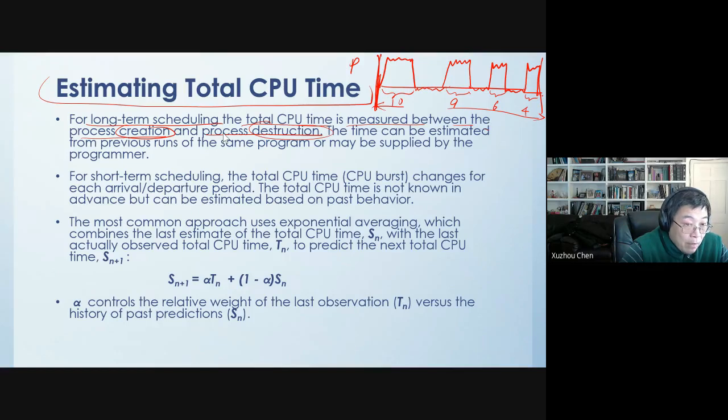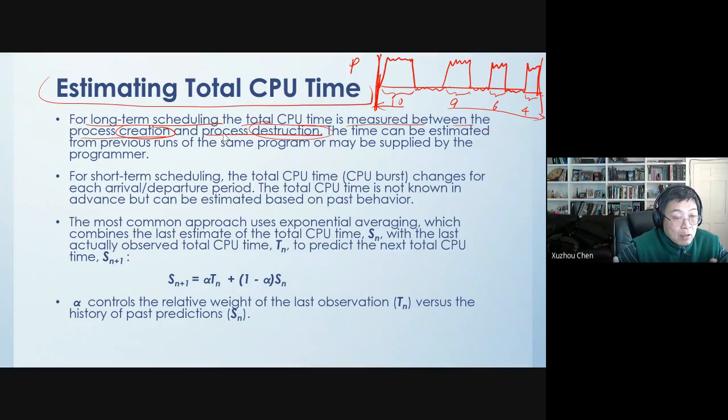However, one good thing about computer programs is that each application has its own characteristics. Which means if the total CPU time for this particular program is about 100 milliseconds, for example, or 100 seconds, whatever CPU time you measured in the past, most likely that's probably the average actual total CPU time.